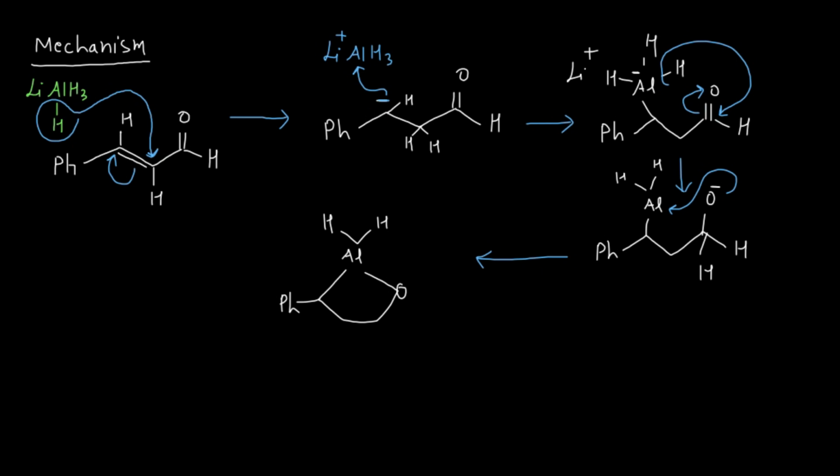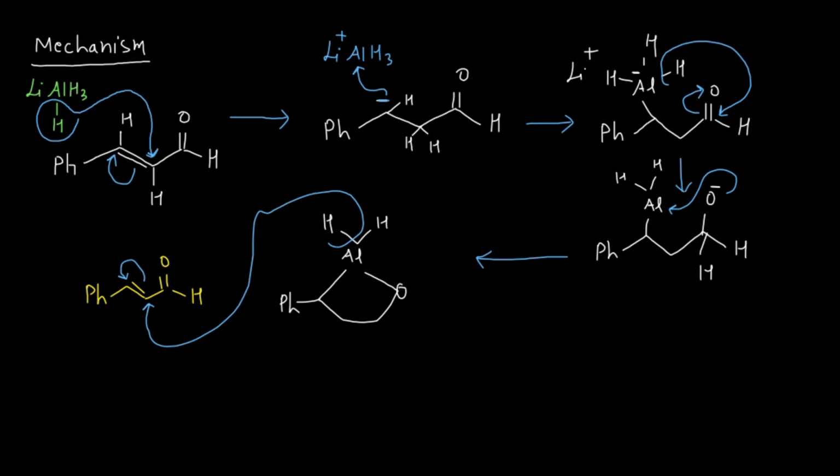Now what will happen here? You have another molecule. One of the hydrogens from this species will attack onto this one, and this will go there. The reaction is exactly the same reaction which we did in the first step.